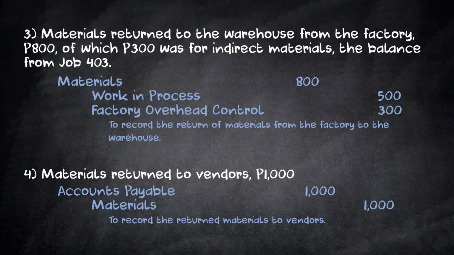Kaya ang gagawin natin, babawasan natin yung accounts payable natin by debiting it with 1,000. And of course, meron tayong credit sa materials for 1,000 din. Kasi nga, nabawasan yung ating materials ng 1,000. At kung babalikan ulit natin kanina nung binili natin yung materials na to, anong ginawa natin? Dinebit natin ng materials. So ngayon, kung babawasan natin, edi i-credit natin. Ganun lang siya kasimple.